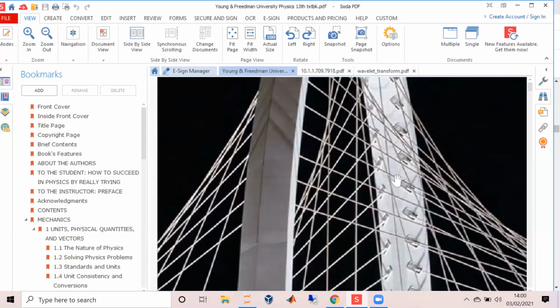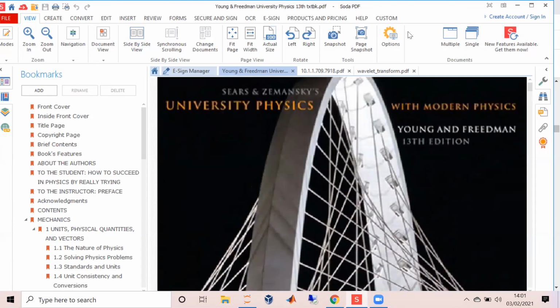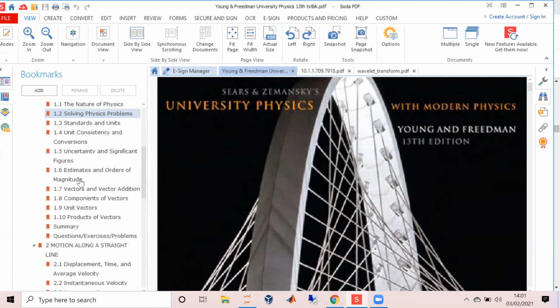Okay, I'm going to share my screen, so you can see the contents that I'm going through. Yes, it is actually, but we are not going through the whole book.